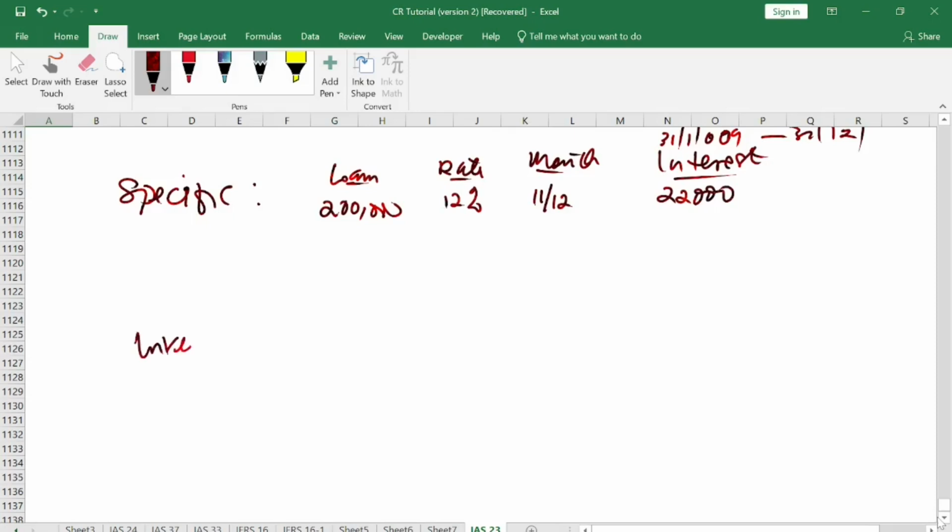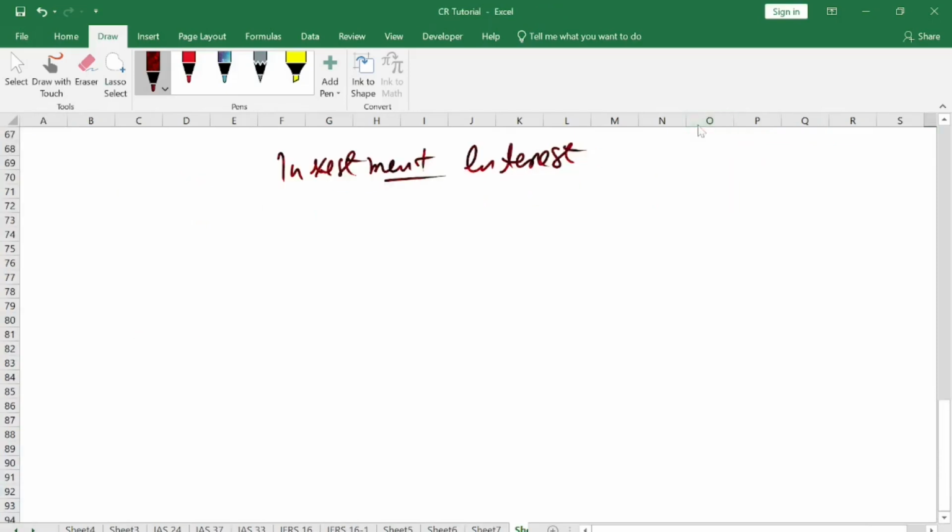Now, in the question, they said we should calculate the investment interest. The company invested the idle fund. So how do we determine the idle fund? The loan was acquired by the company on 31st January 2009, and the company said to invest the idle fund.